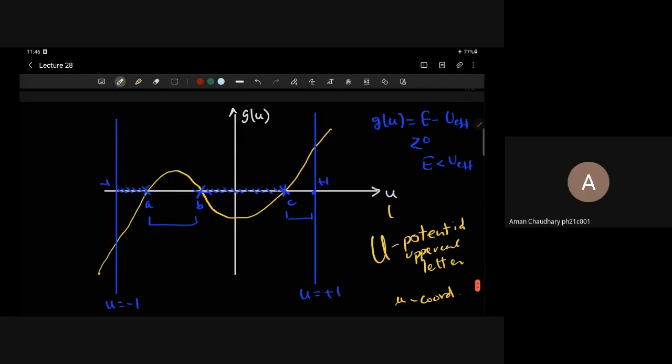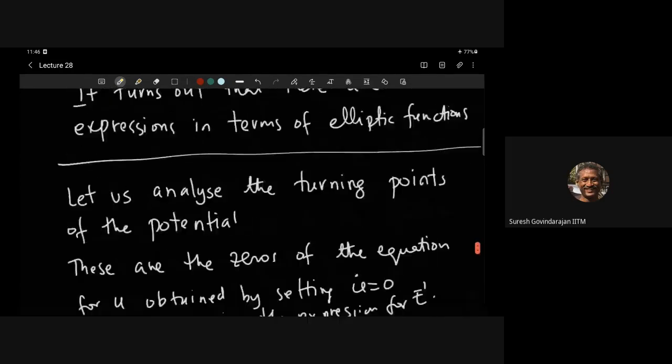Okay, sir, the conclusions of the accessible regions and the non-accessible, we are drawing based on E being less than U effective or greater than U effective. So in the graph, it is like this. No, let's go back to this picture that I drew here.